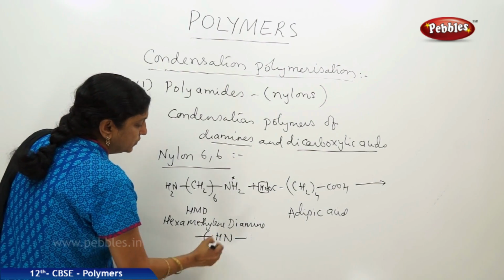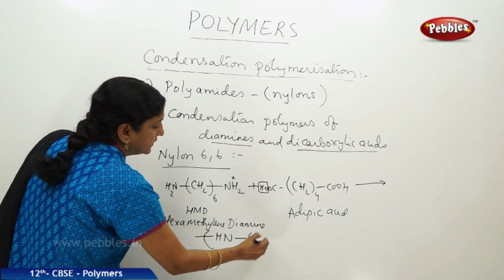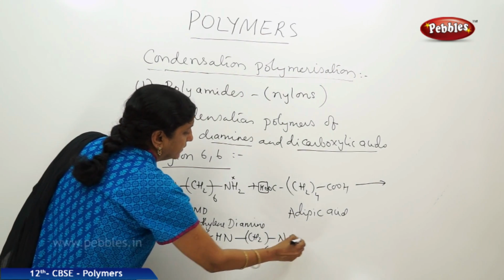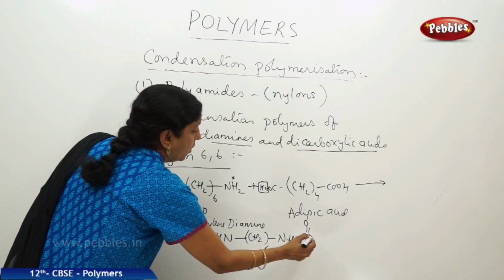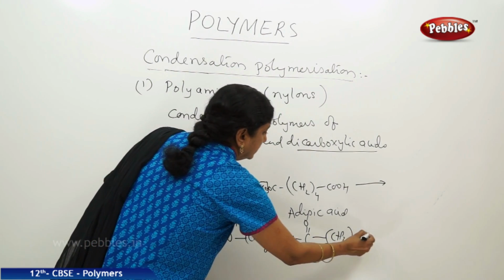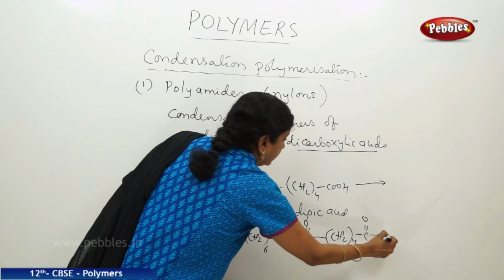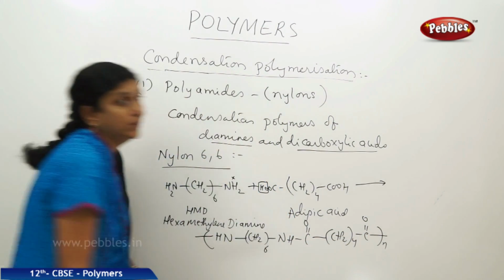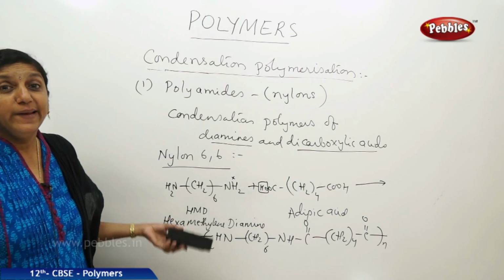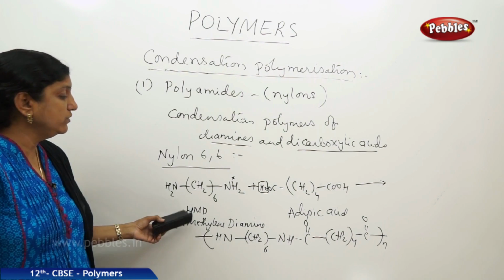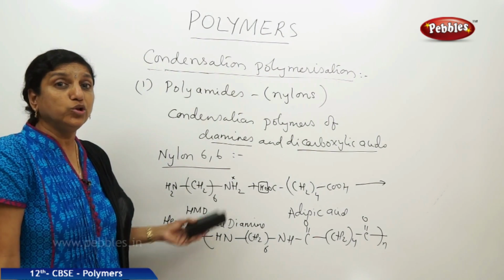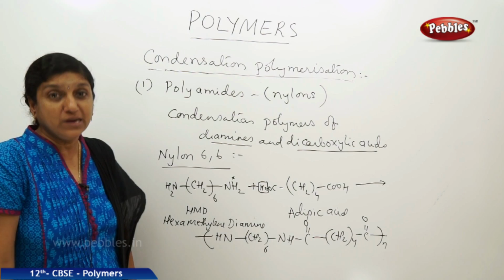So this continues, CH2 6 times, NH, C double bond O, CH2 4 times, C double bond O, and that again continues n times. So that is a long chain polymer formed by the condensation reaction between hexamethylene diamine and adipic acid, both of which are 6 carbon compounds.